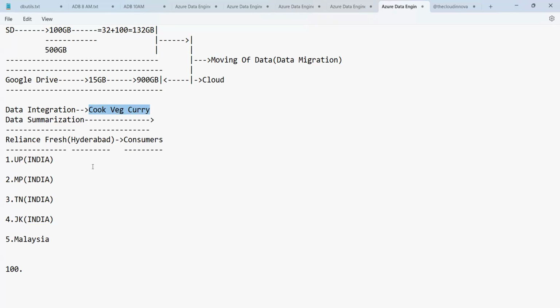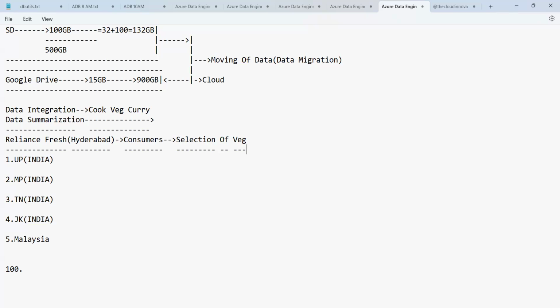So can I say this process is the selection of vegetables, guys? Selection of vegetables.